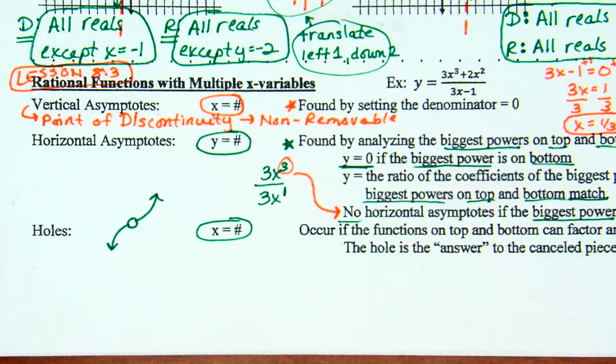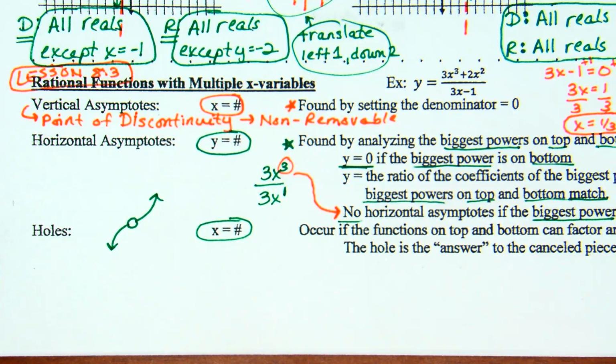Now, a vertical asymptote was a break in a graph, right? It was a point of discontinuity, non-removable. Guess what? A hole is also a break in the graph, right? It's a point of discontinuity, but it is removable. So I'm going to write that down. Point of discontinuity.